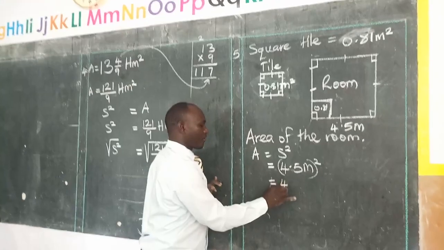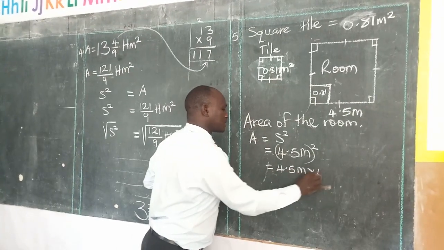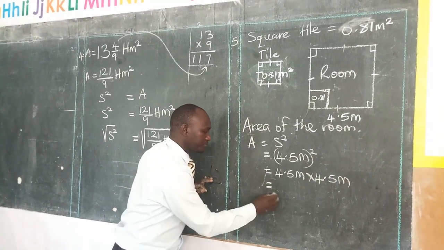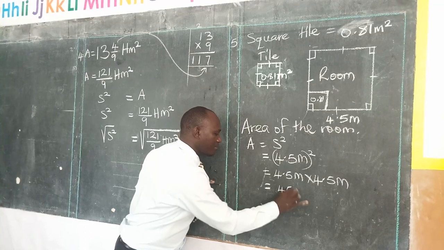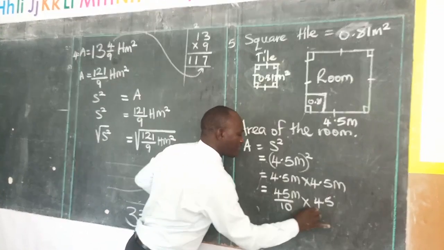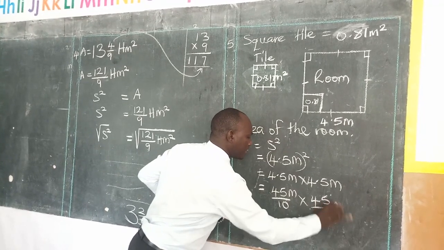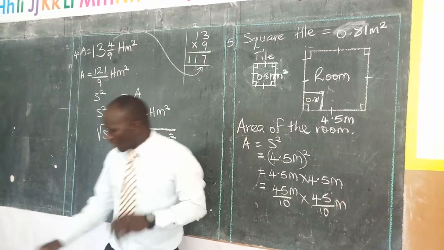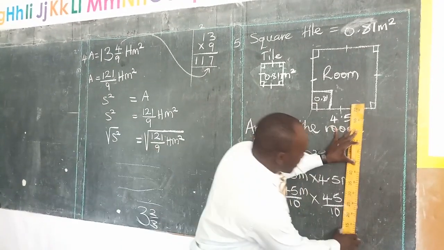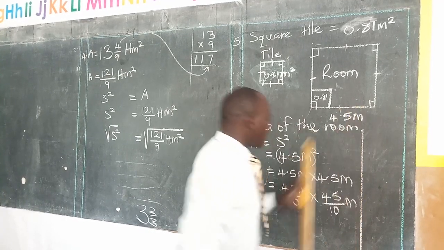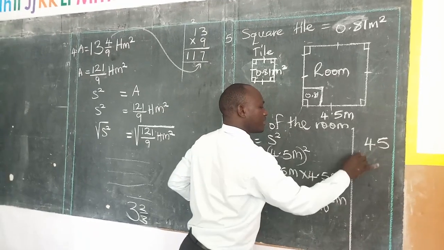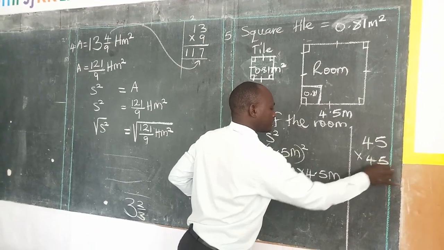That is the same as 4.5 meters times 4.5 meters, which brings us to 45 out of 10 times 45 out of 10 meters. We are going to multiply these numbers the way we have learned, that is the numerators first. Let's have 45 times 45.